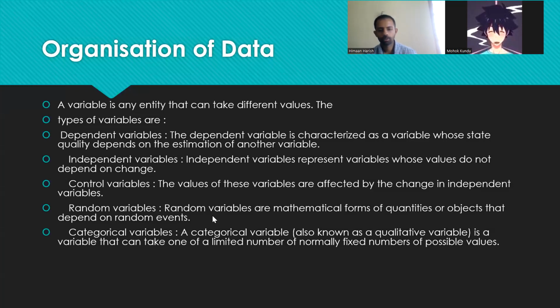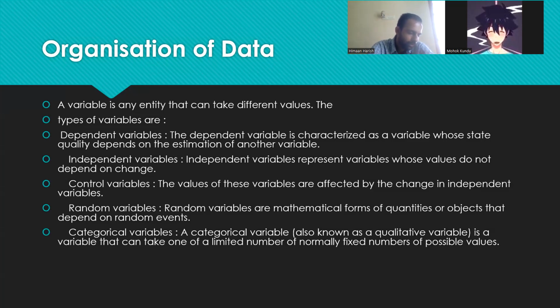What are random variables? Any examples for random variables? Like the number of accidents that happen. A random variable is a variable whose value is unknown, or a function that assigns values to each of an experiment's outcomes.